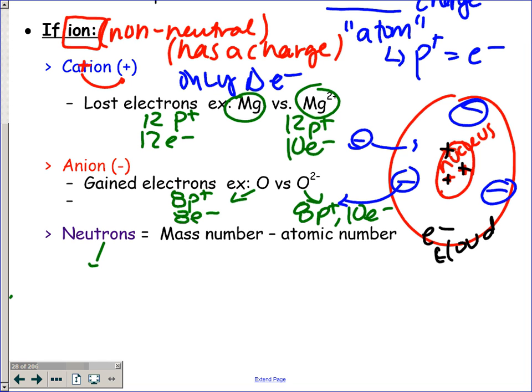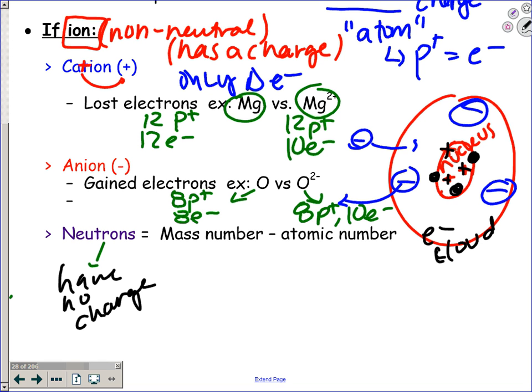It's a non-neutral species. And then lastly, the neutrons are generally not going to change. Where do the neutrons live in this atom? In the nucleus. So I'm just drawing little zeros, because overall, neutrons have no charge. So they're not contributing to the positive or negative nature of the overall atom's charge, which is why we do not talk about them in reference to ionic charges.